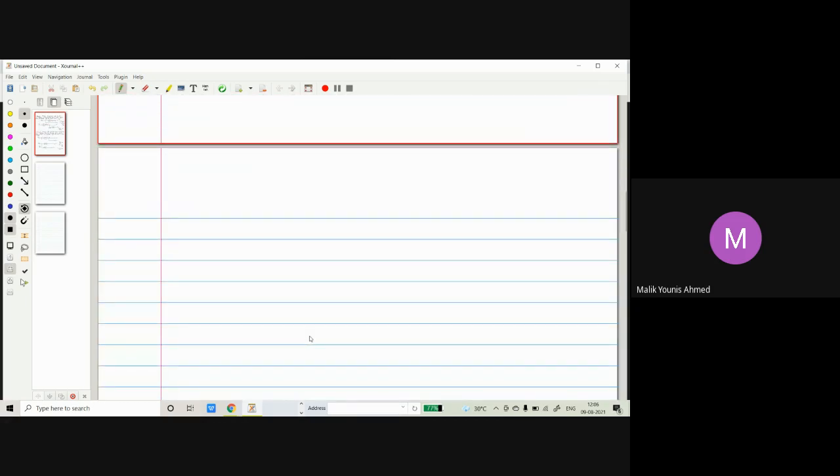Let's move to rule number 5. So rule number 5, what does it say? Rule number 5 is moving a summing point beyond a block, that means after the block.